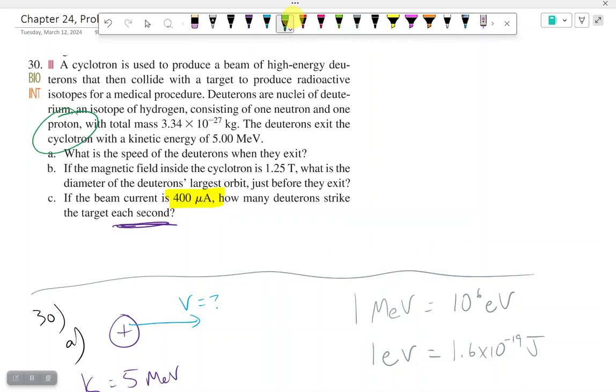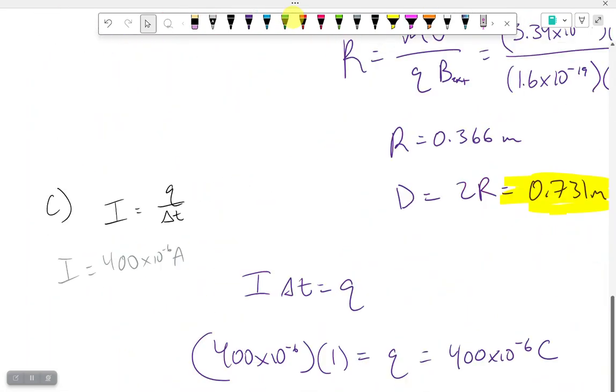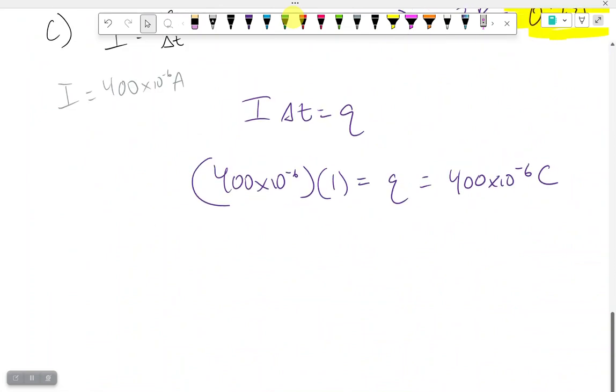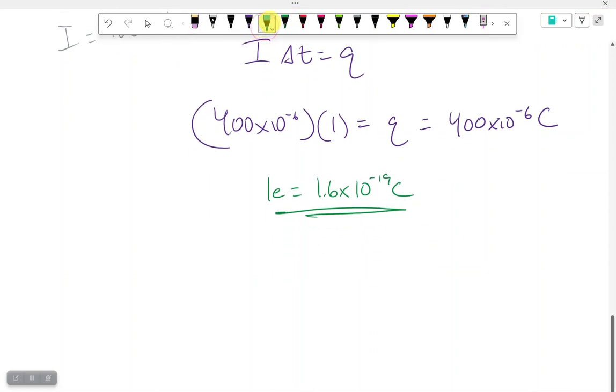So if I have that many coulombs and one proton, well, one proton is 1e, and that's one elementary charge, and one elementary charge is just 1.6 times 10 to the negative 19 coulombs. Again, we could look that up, but I'll just copy this right here, and I'll paste it down here.